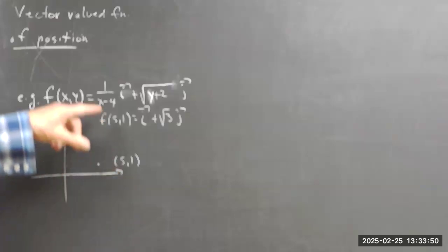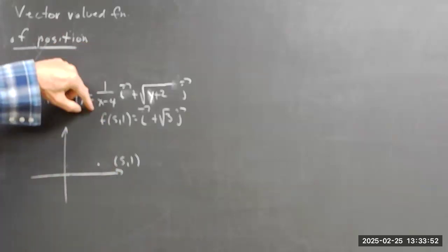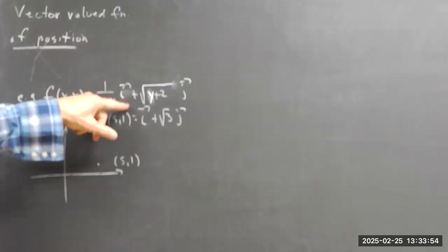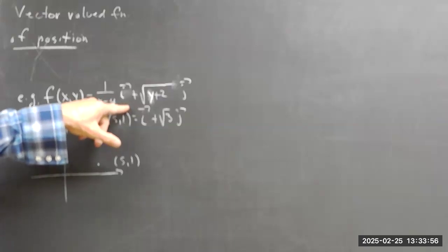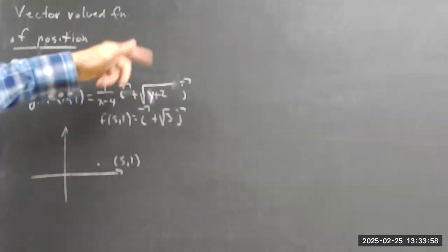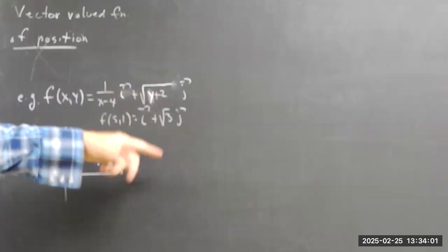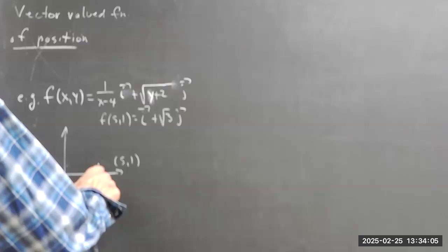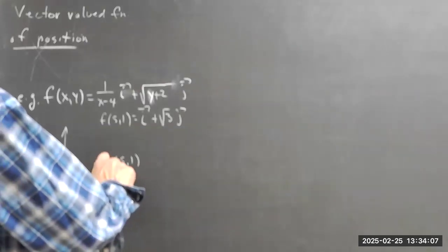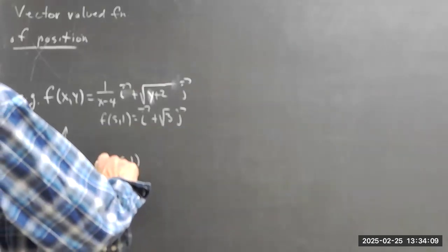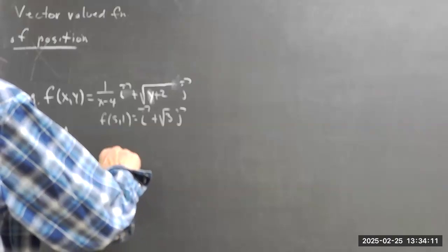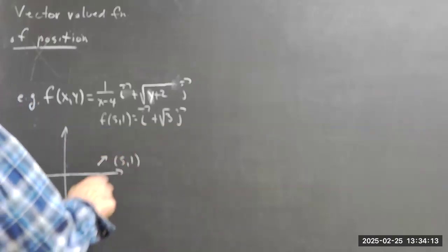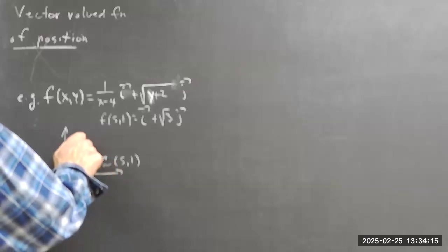Well, if we plug in 5 for x, we get 1 over 1, which is just 1, which is going to give us i, right? And plug in 1 for y, we get the square root of 3. Okay, so what's that look like? Well, it's a vector. It's like 1 unit in this direction, 1.7 units in this direction. So it's going to be a vector. So here's the point 5, 1.